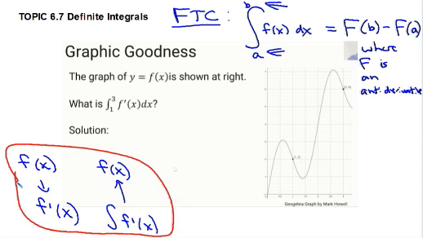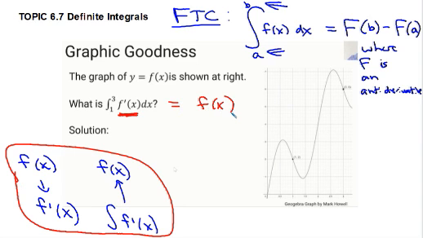All right? So, if they ask us for, let's look at this problem. The graph of y equals f of x is shown at the right. What is the integral from 3 to 1 of f prime of x dx? Well, from what I just told you, this is going to be the antiderivative of f prime of x is going to be f of x.